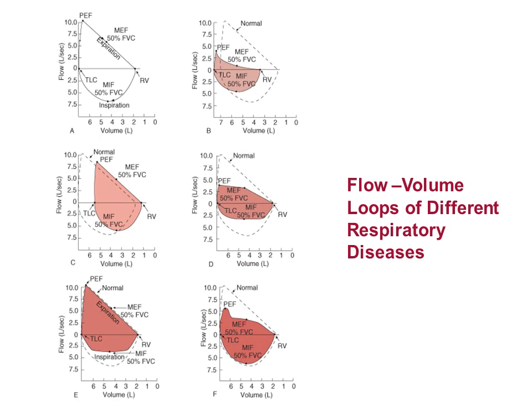And finally, diagram F shows you variable intrathoracic obstruction, like in tracheomalacia. This is a congenital disease where the cartilage in the bronchioles is weak and cannot keep the bronchioles wide open all the time.